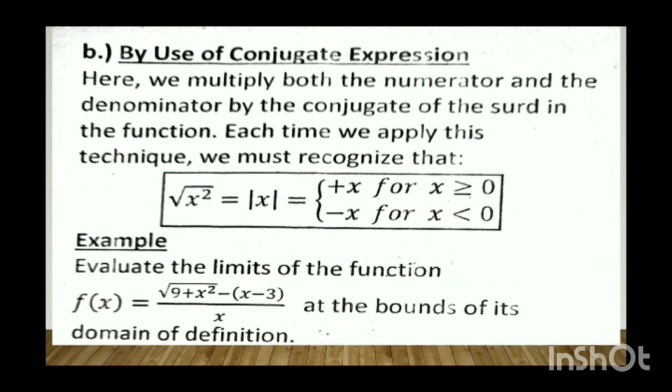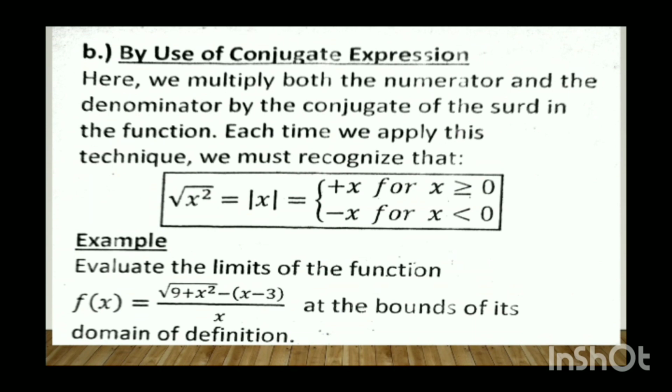Alright, ladies and gentlemen, we can also resolve indeterminate forms of limits by the use of a conjugate expression. Here we multiply both the numerator and the denominator by the conjugate of the third term in the function.